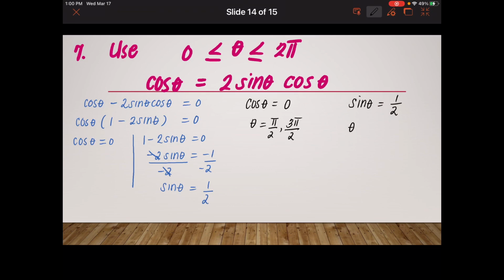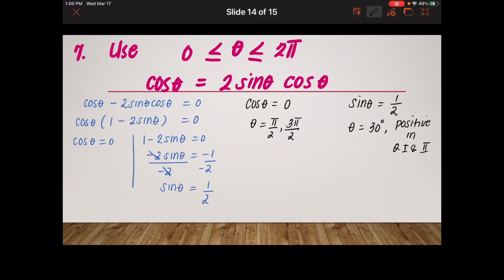Now let's go to the other one, which is sine theta is equal to 1/2. Now you go to our special angles. Sine is 1/2 at 30 degrees. And it is positive in quadrants 1 and 2.